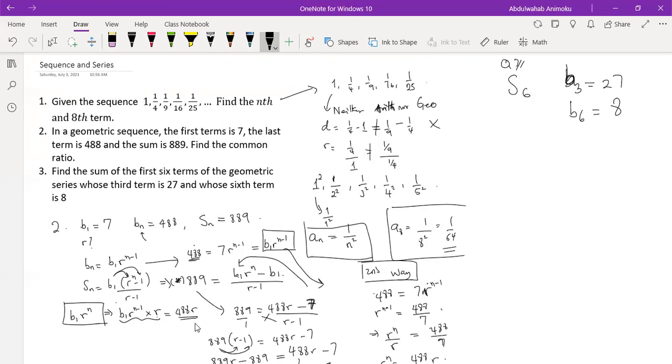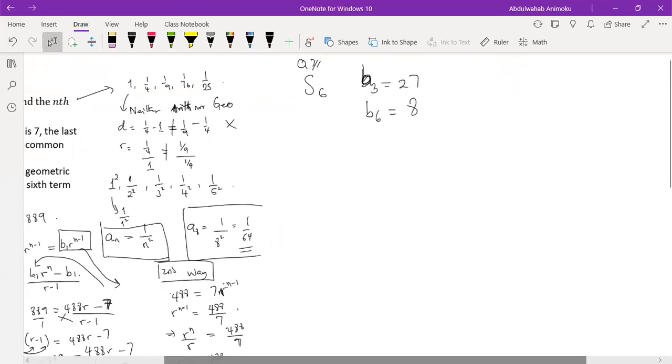We are looking for S6. Now what you always do is, don't forget, represent the knowns with the formulas that you have. Don't forget this. This is a very useful habit to have when it comes to sequences and series.